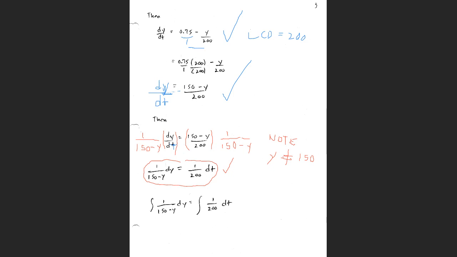What can we do to both sides of the differential equation now that we've separated the variables? We want to solve for y. So what should we do to both sides? That's right, Rodrigo. We want to integrate. That's what we're going to do. And thank goodness you learned a lot of integration techniques so that you can handle these kinds of problems.